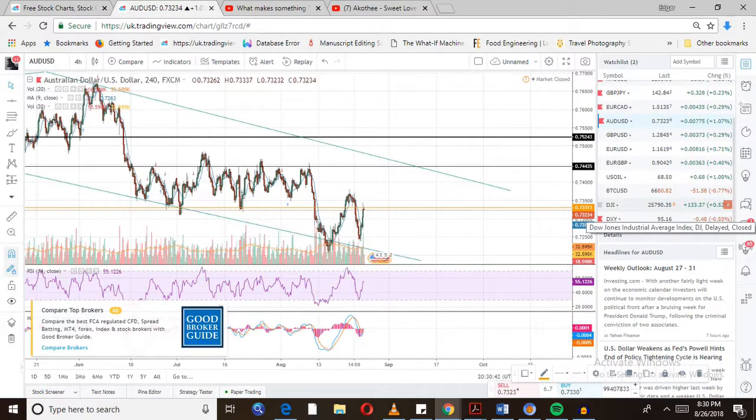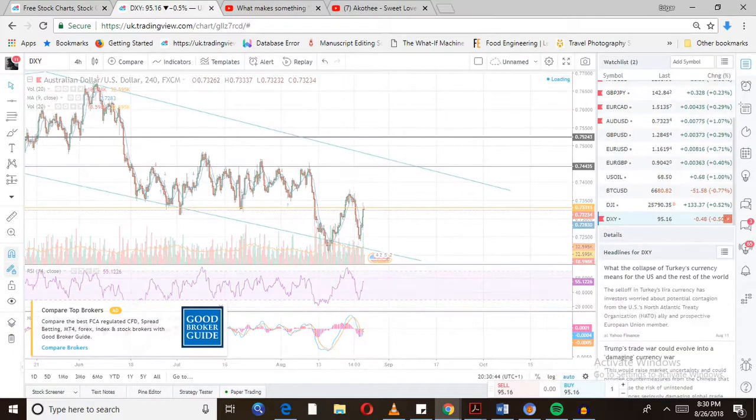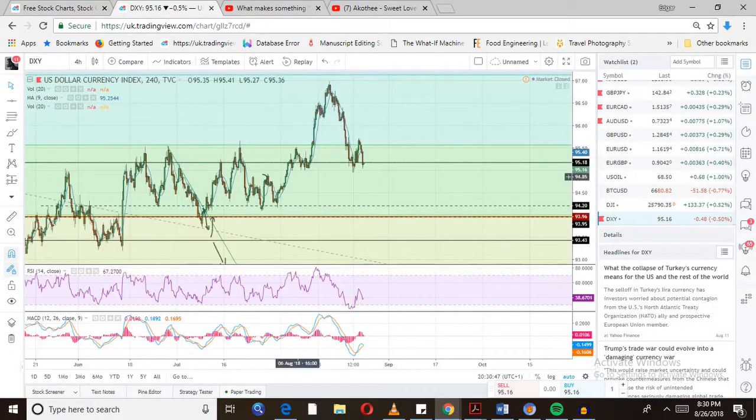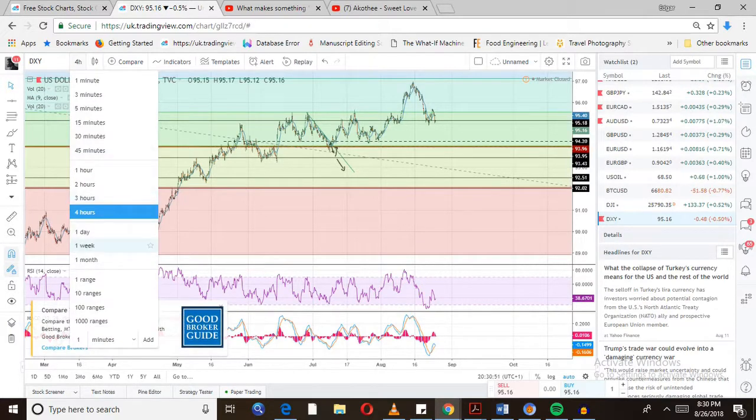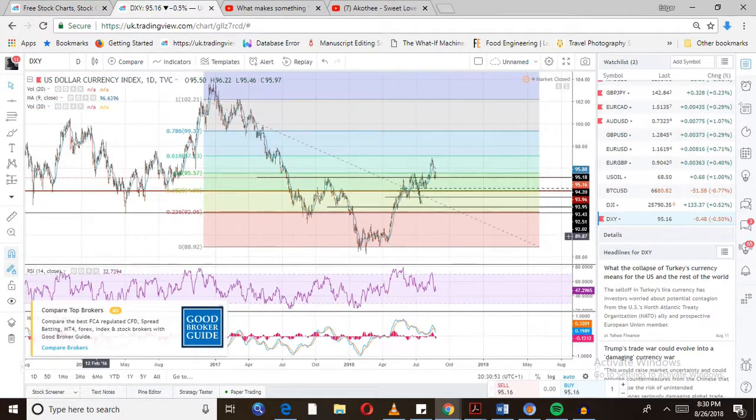Now starting with the dollar index. The dollar index is such a good reflector of what's happening in the currency pairs. Remember, the dollar is the biggest, strongest currency out there, and it's a good measure of performance against other currencies.